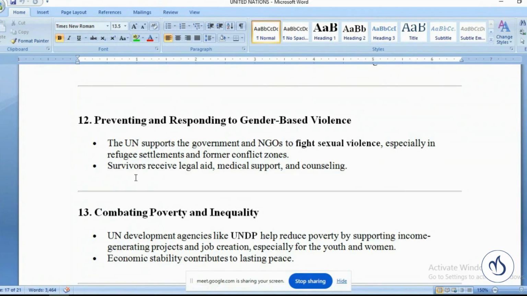When the war happens, especially these soldiers who are undisciplined, they try to rape and defile women. By not respecting the rules governing their ethics, they fight. The UN fights sexual violence. The UN will always condemn this and will imprison people who do this.